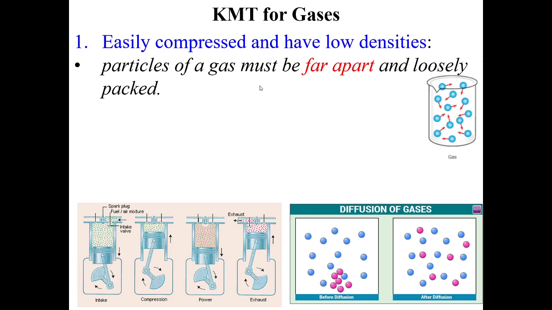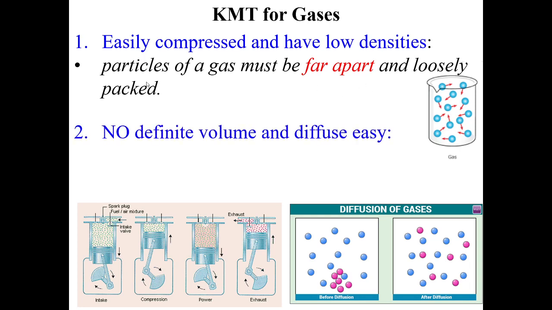So to do this, particles of gas must be far apart and loosely packed. There's no other way we could compress it. If they were closer together, and if they were tightly packed, you wouldn't be able to compress it. They also have no definite volume and they diffuse really, really easily. So they will fill a container and those particles will diffuse throughout, like this example right here in the bottom.